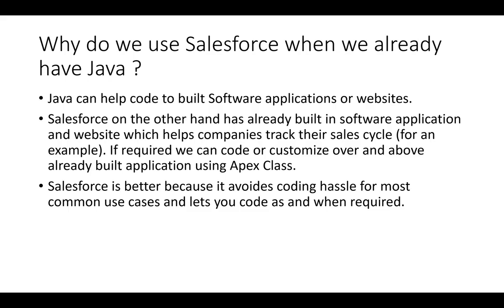And for certain software applications, whenever you double click on it and open an application, whatever backend logic happens, that happens in Java. Salesforce, on the other hand, has already built-in software applications and websites which help companies track their sales. If required, we can code or customize over and above the already built applications using Apex class.